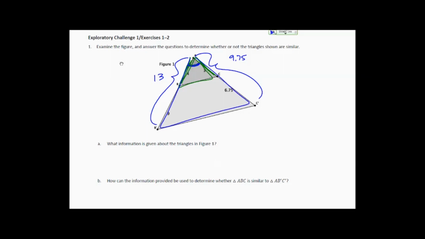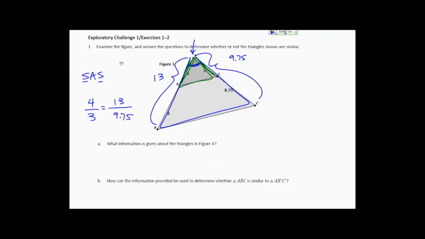Okay, now I see a side, the angle in between, and a side. And so if these were similar, then it would be by the side, angle, side similarity criteria. But I do have to check that these two sides are proportional. So let me check that 4 divided by 3 is the same as 13 divided by 9.75.